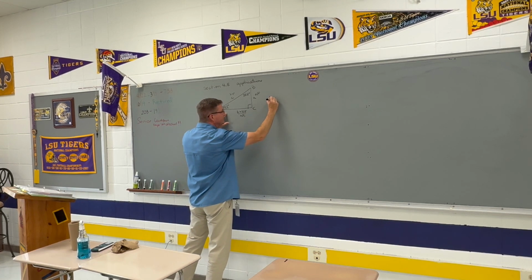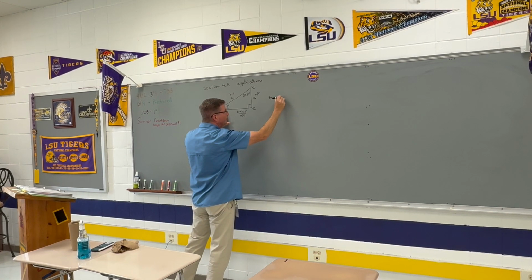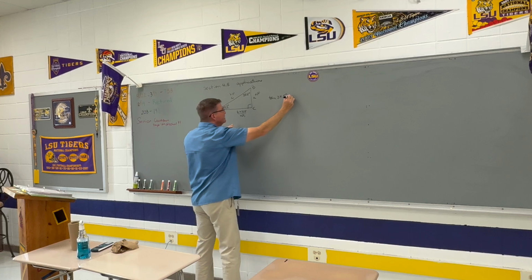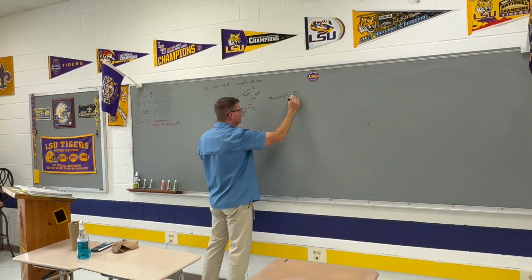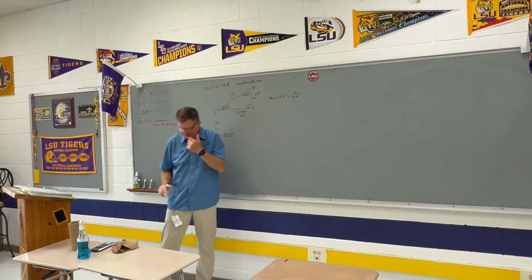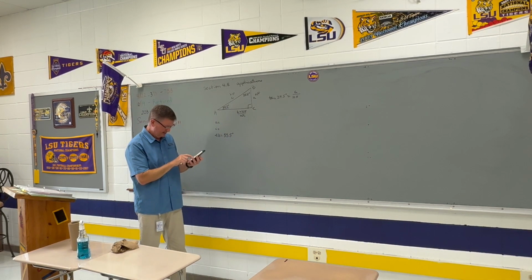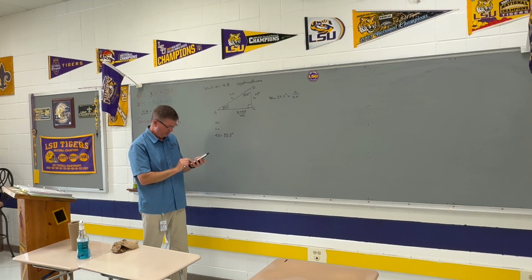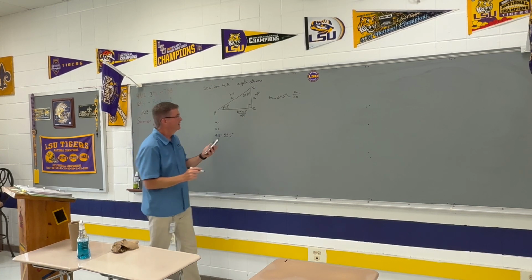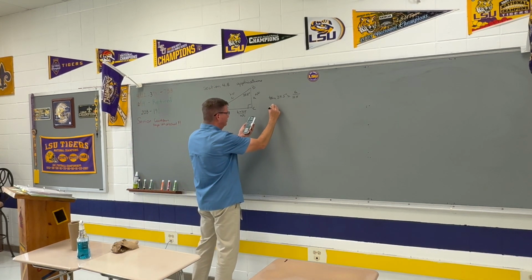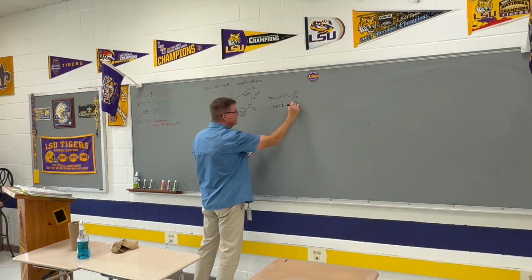So we'll do tangent of the angle, 34.5 degrees, is equal to opposite over adjacent, which is a over 10.5. Make sure that our calculator is in degrees. Tangent of 34.5 gives me a decimal approximation of 0.6872. It's equal to a over 10.5.